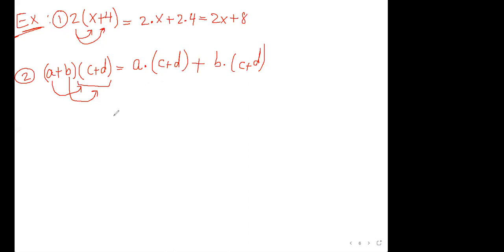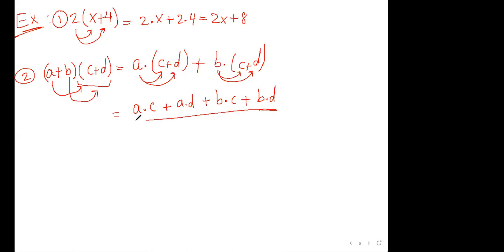Oh, no, we have to simplify it more. So what's the simplifying for this one? A times C. Again, we distribute again. AC plus AD plus BC plus BD. This is the final answer.